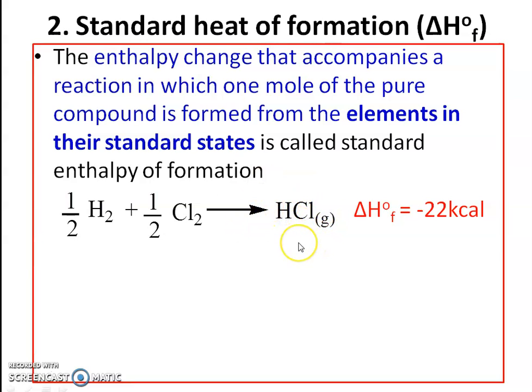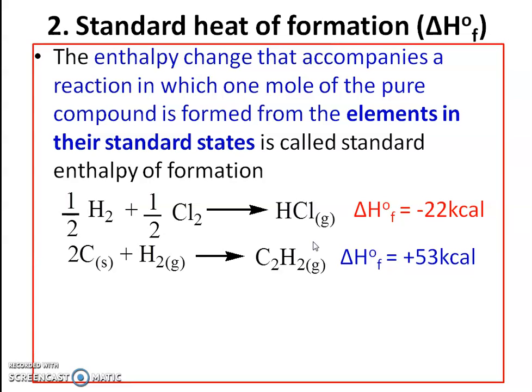At the time of formation of 1 mole of hydrogen chloride from these elements in standard states, there is a liberation of 22 kilocalorie of energy, and this is the enthalpy of formation of hydrogen chloride.